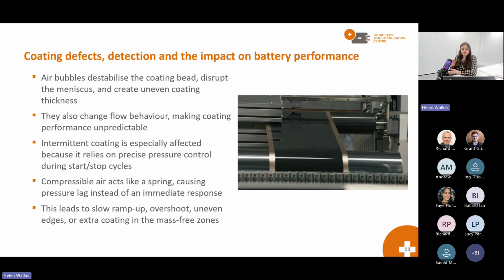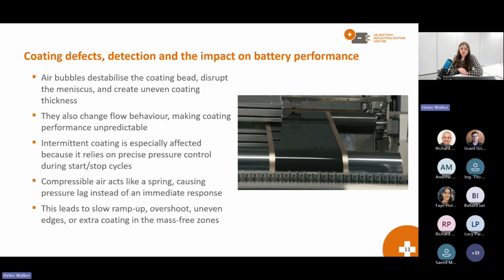So once you've delivered your slurry to the coating head, if you still have air in your slurry or you've entrained air in your slurry delivery system, bubbles can then become problematic for the coating process itself. Bubbles will destabilize what we call the coating bead between the slot die, or whichever mechanism you're using, and the substrate, and this will lead to uneven coatings.